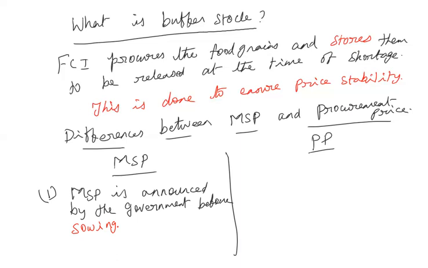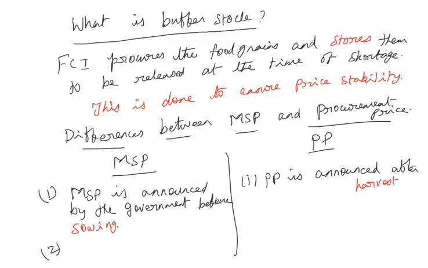That is MSP. But the procurement price is announced by the government after the harvest is over. So MSP is announced before the sowing season and the procurement price is announced after the harvest.